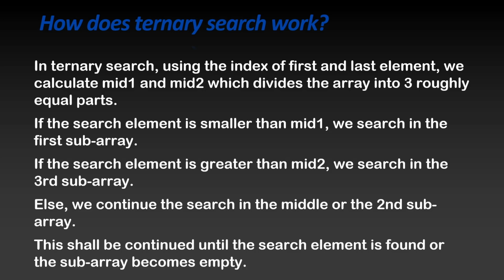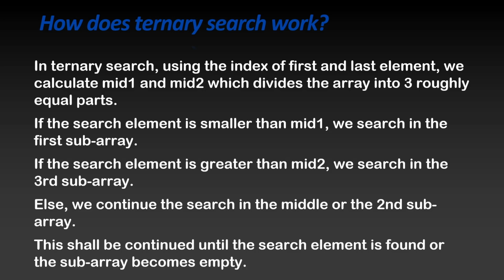If the key is less than the element at mid1, then we update the right pointer: we update right to mid1 minus 1. So now we'll be moving the search space to the left side of the array.